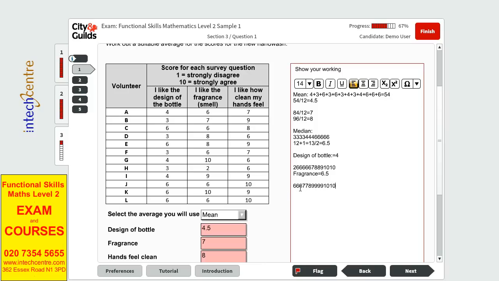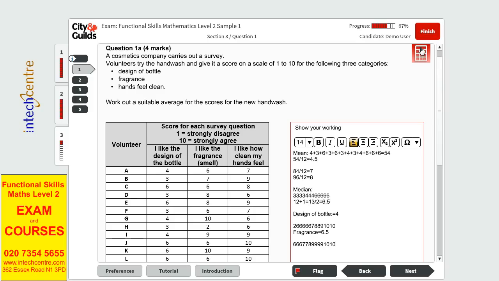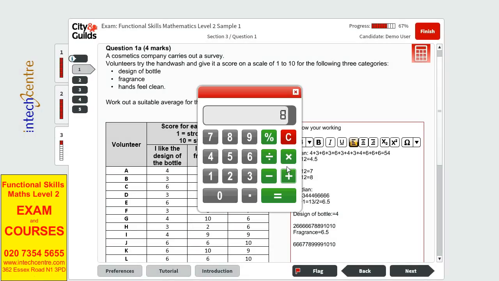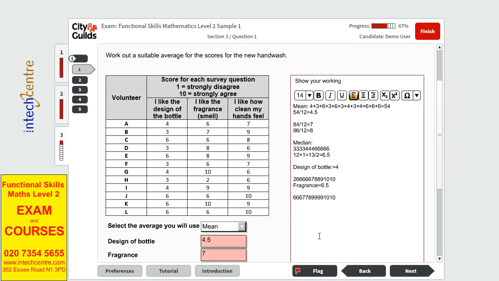Let's see how many we have: 2, 4, 6, 8, 10, 11, 12. Perfect. And our middle value again will be 6.5. So 2, 4, 6, so between 8 and 9, we have 8 plus 9, 17 divided by 2, it will give us 8.5 as the median.